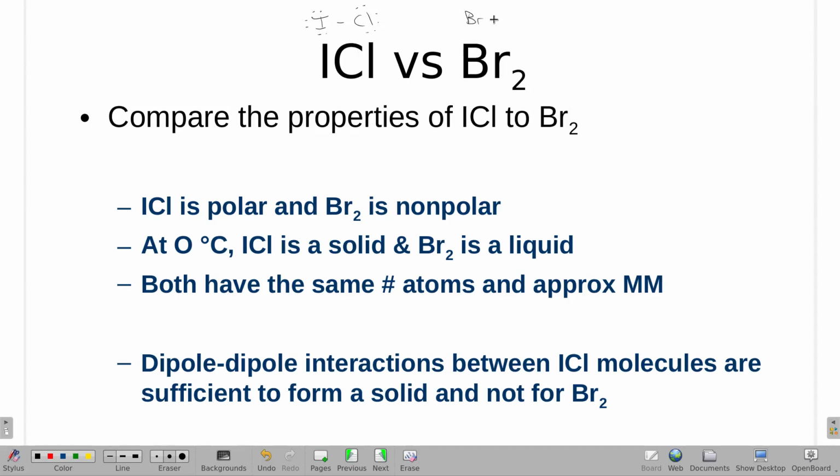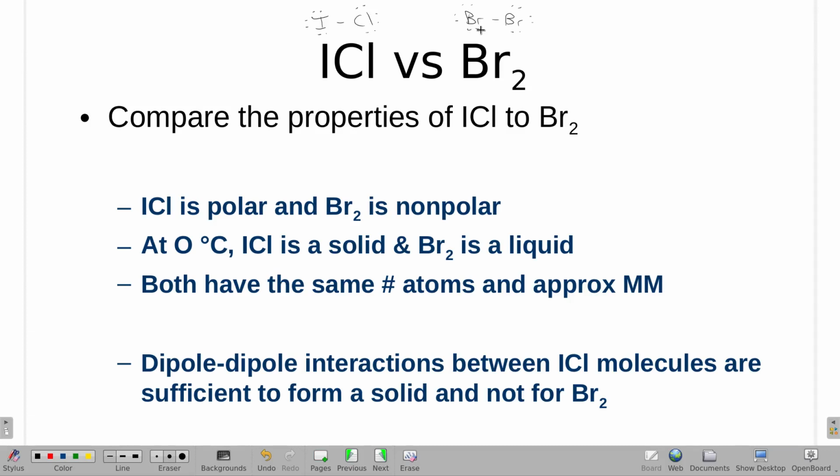And bromine-bromine is also halogens, and it turns out iodine and chlorine are just on the opposite sides of bromine. They split it. And these two molecules have almost the exact same molecular weight. So they weigh about the same. They are almost the same in size.